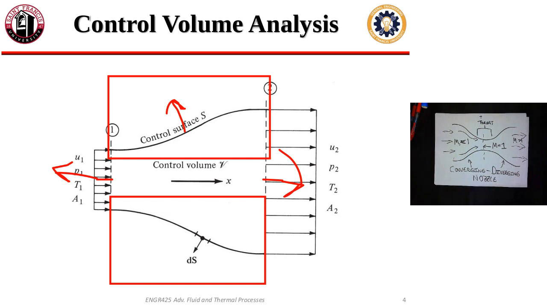That's the scheme of a converging diverging nozzle, where something can take subsonic flow on the inlet and spit out supersonic flow on the outlet, just by playing this geometry game really well.